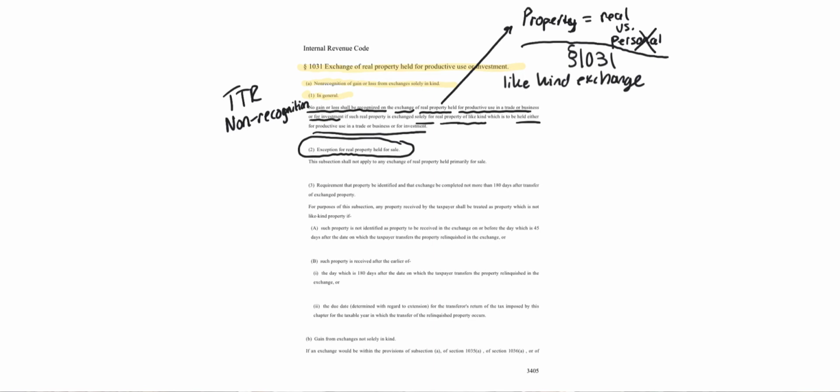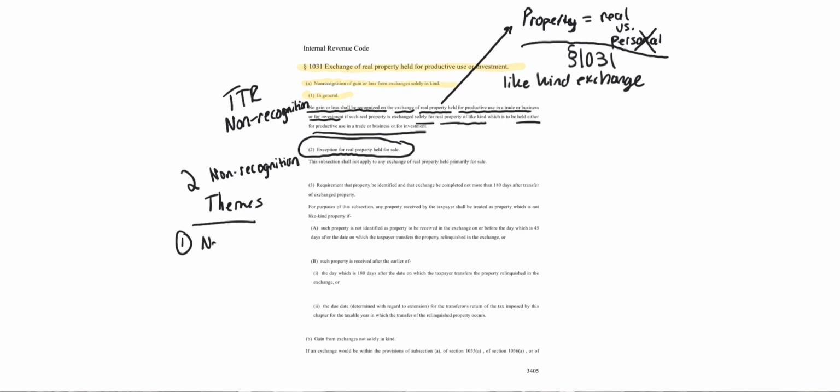Now there's two more major tax themes I want to talk about when it comes to non-recognition. First thing I want to mention, non-recognition of gain or loss is not the same as exclusion. So two non-recognition themes.